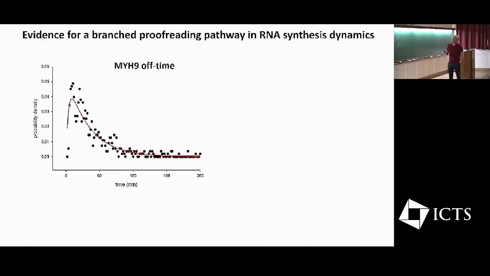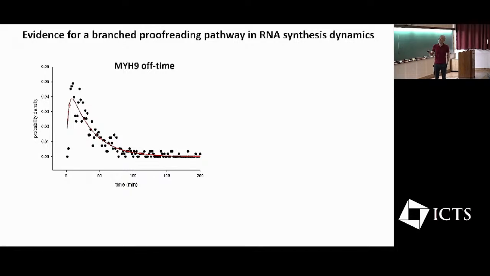So I would like to argue that there is good evidence for this proofreading process in transcriptional dynamics. So here is the gene MYH9. This is one of the genes we labeled in our gene trap assay. So this is the probability distribution of off periods on the y-axis, and this is the time on the x-axis.